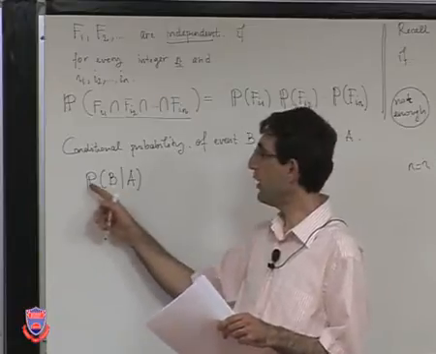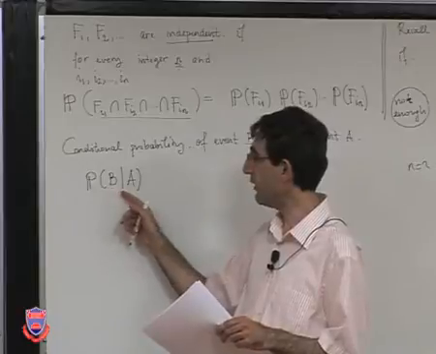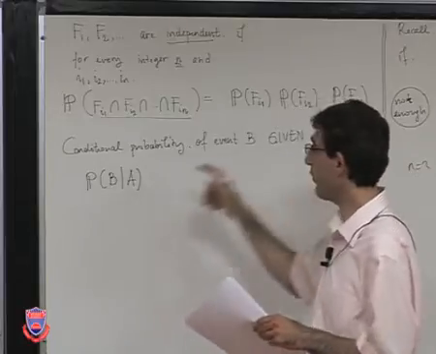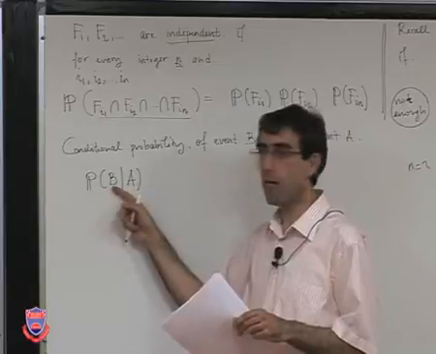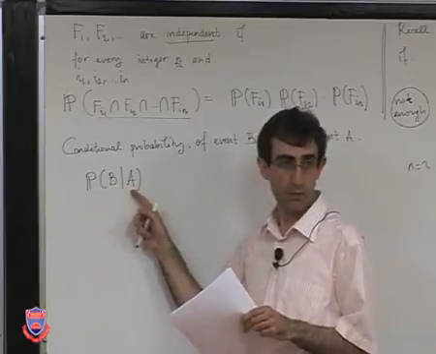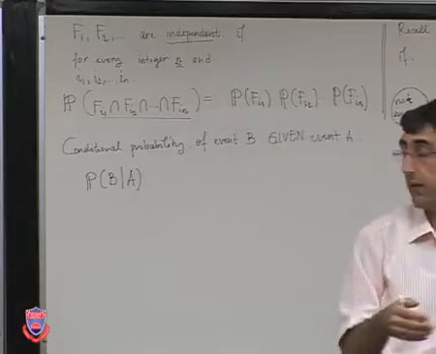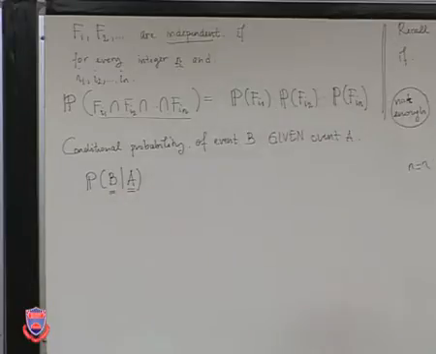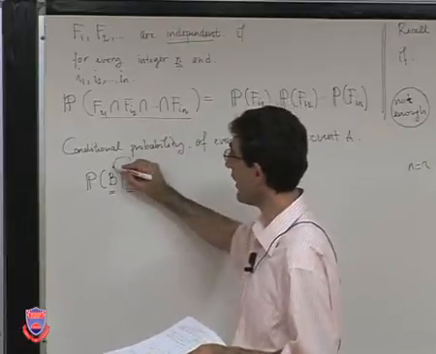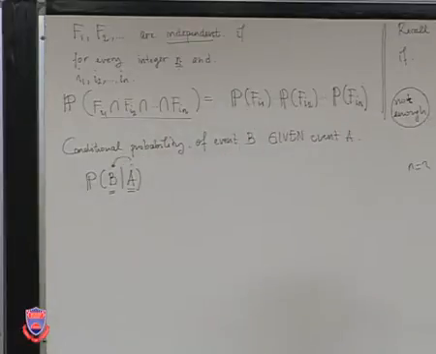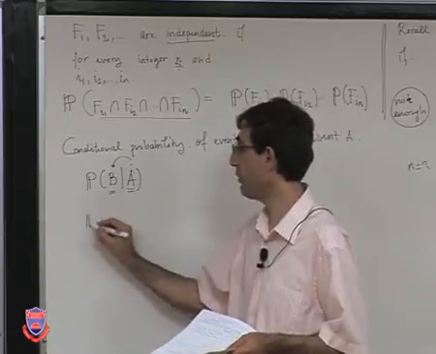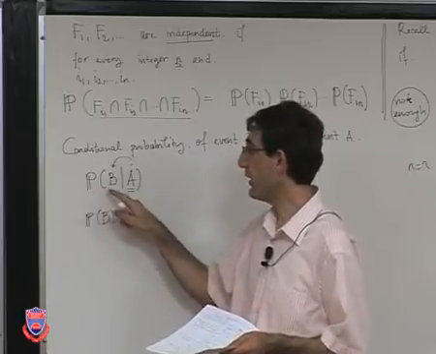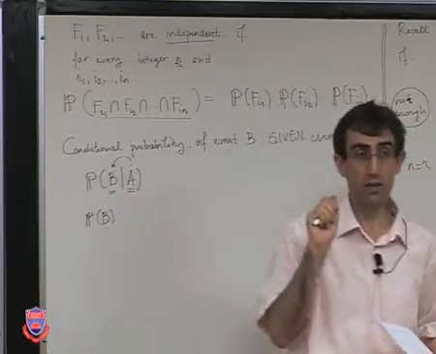You read it as the probability of the event B given event A. This is the short way of saying the probability that event B happens given that event A has already happened. If somebody tells you that event A happened, you still would like to know, given that additional information, what you can say about the likelihood of B. In general there might be a difference between the probability of B when you don't know whether event A has happened or not, and the conditional probability of B when you are assured that event A has happened.